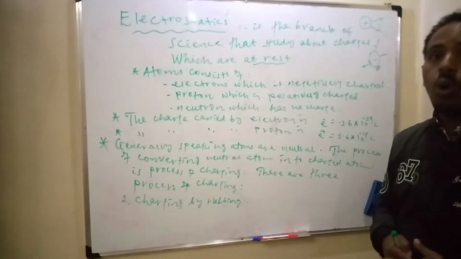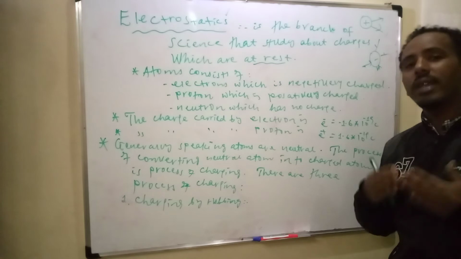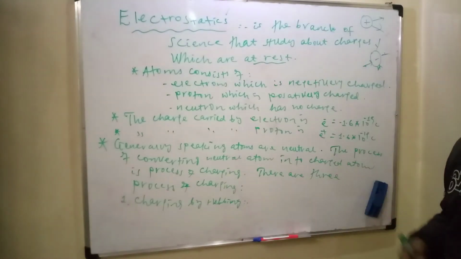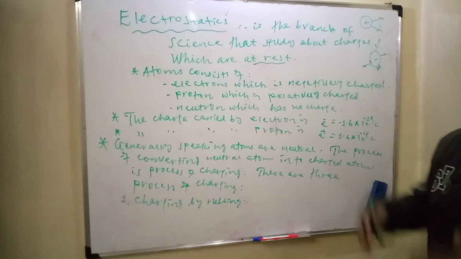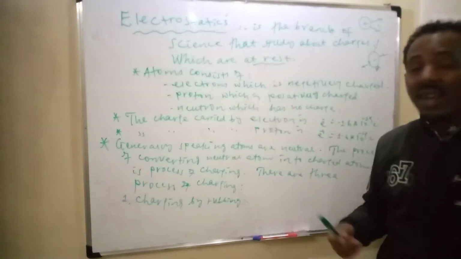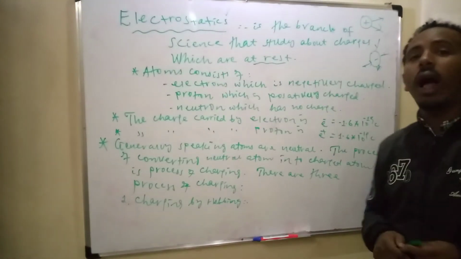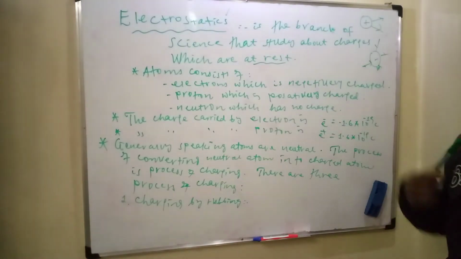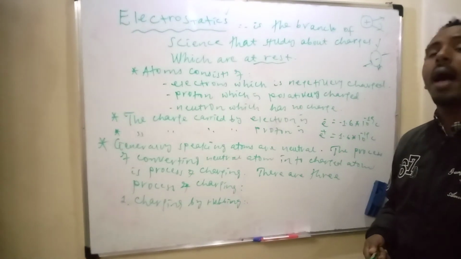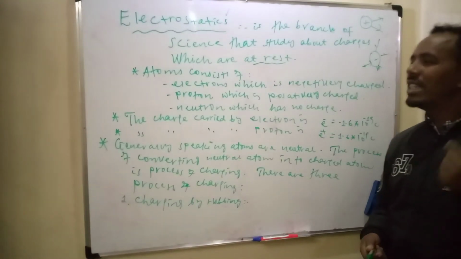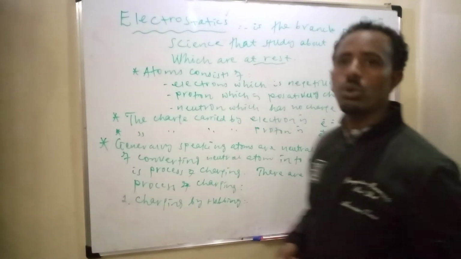Atoms consist of electrons, which are negatively charged, protons, which are positively charged, and neutrons, which have no charge. The electrons and protons are elementary particles because they carry a small amount of charge.